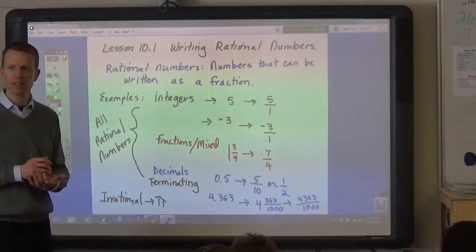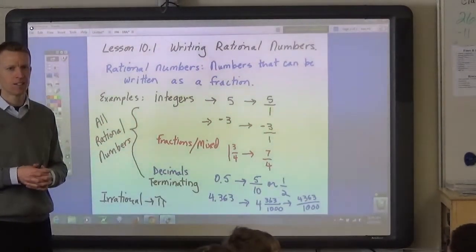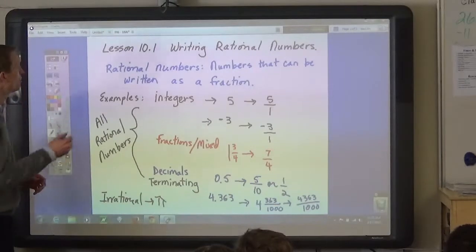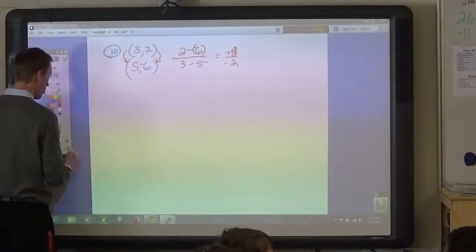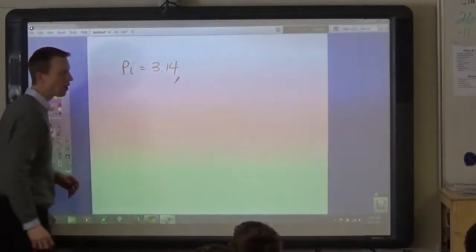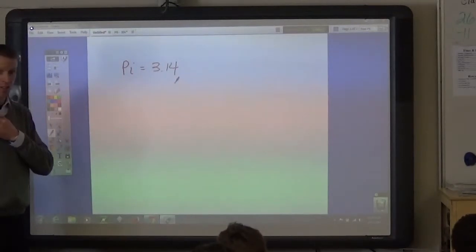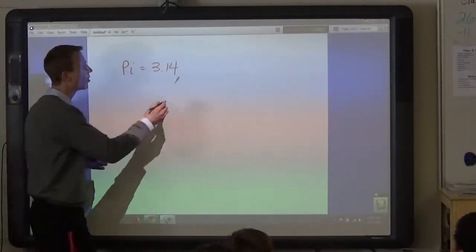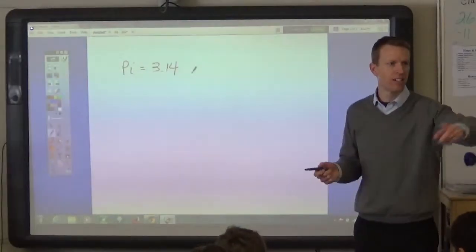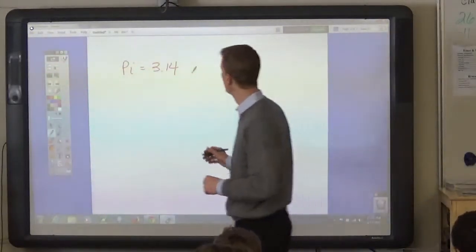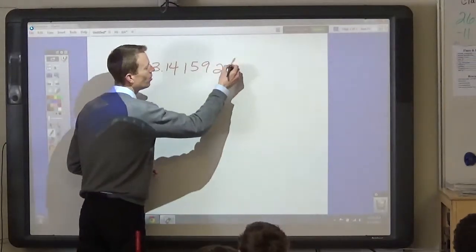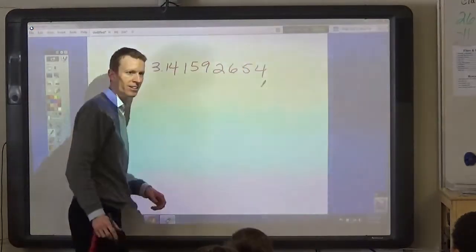Do you know what number is associated with pi? Most of the time it's rounded to 3.14. Pi, 3.14. But that's a rounded number. The actual number for pi is a non-terminating, non-repeating decimal. It goes on and on. What are the digits past 3.14? 1, 5, 9, 2, 6, 5, 2, 6, 5, 4.